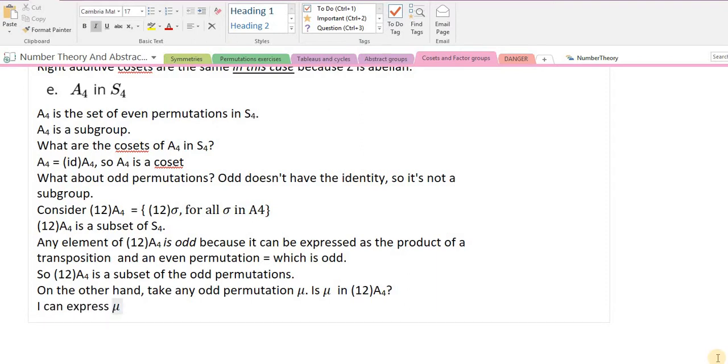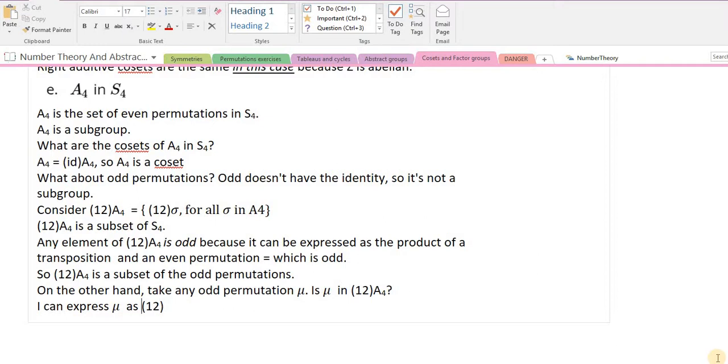I can express mu as (1 2) times something.